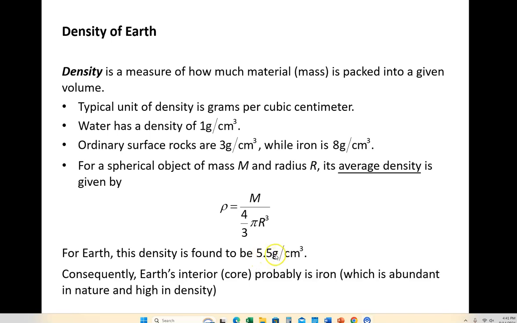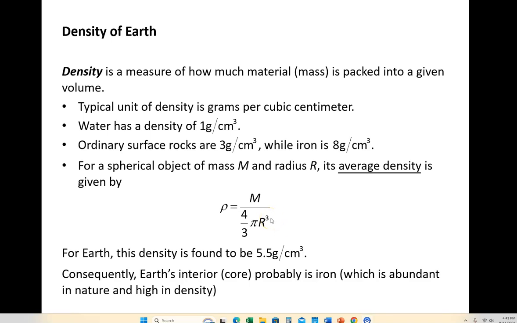So that's what the average density of the Earth means. There are things in the Earth that are much less dense, like water and ordinary rock, and stuff that is much more dense, like iron and nickel, and even uranium, although there's not comparatively that much of it. Uranium is extremely dense.